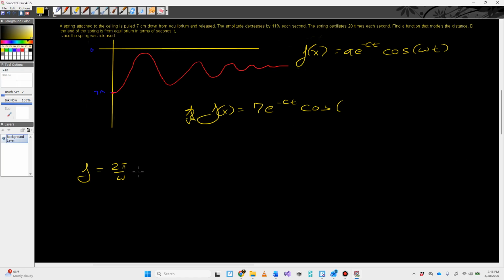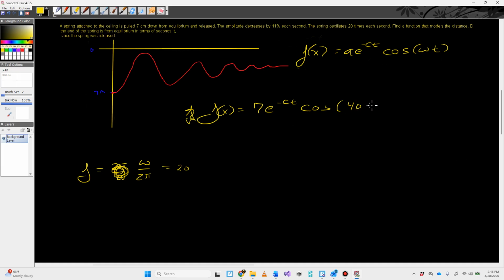Or is it w over 2π? It is w over 2π. It's the complete opposite. The period is 2π over w. So my frequency has actually been told to me, it's equal to 20, which means that w is equal to 40π.